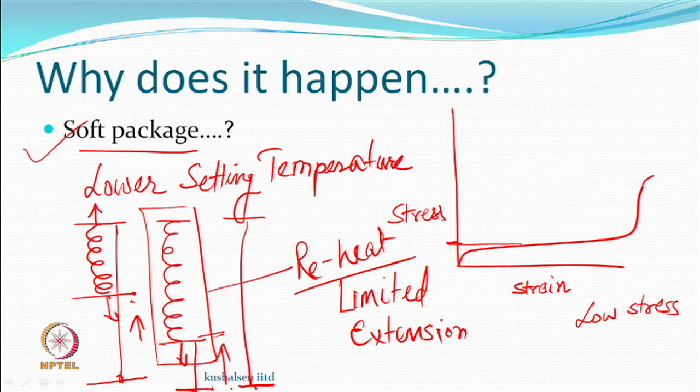Do you think now? So, simple trick: you wind at a lower winding tension, take it back to the autoclave at a temperature which is lower than the previous one.